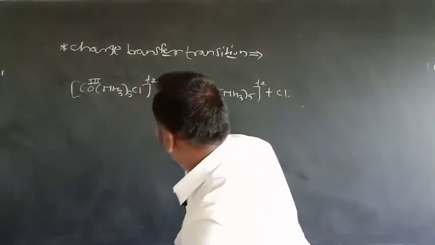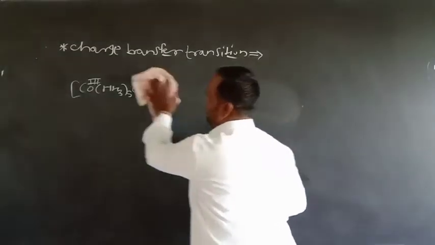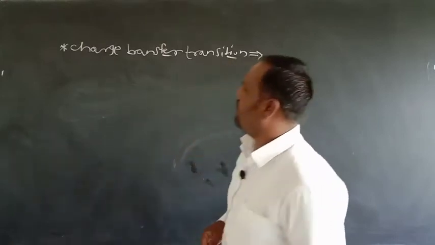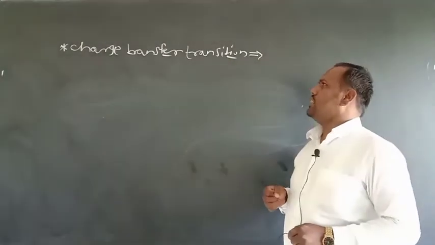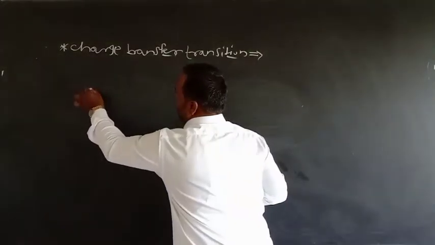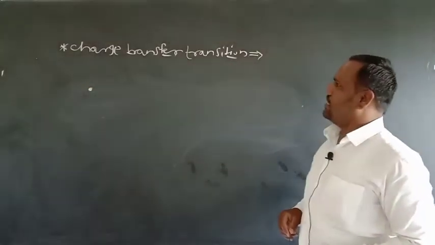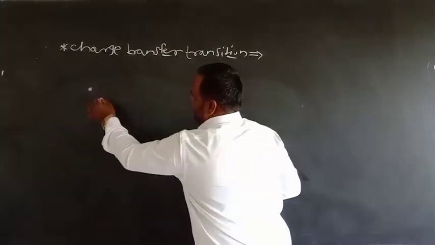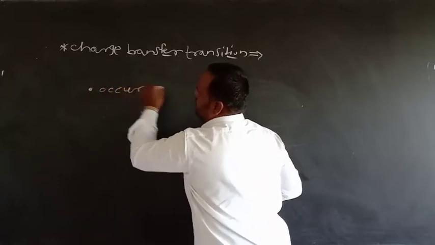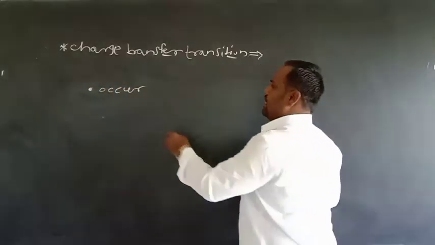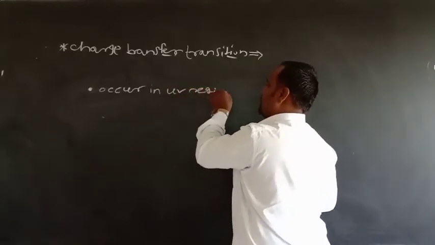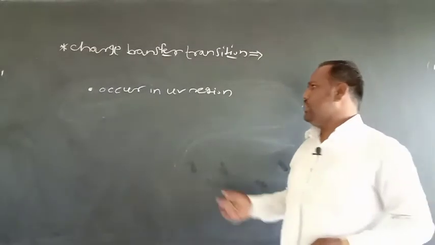Before discussing the different types of charge transfer transition, we will discuss some important characteristics. The first important characteristic is that these transitions occur in the UV region.